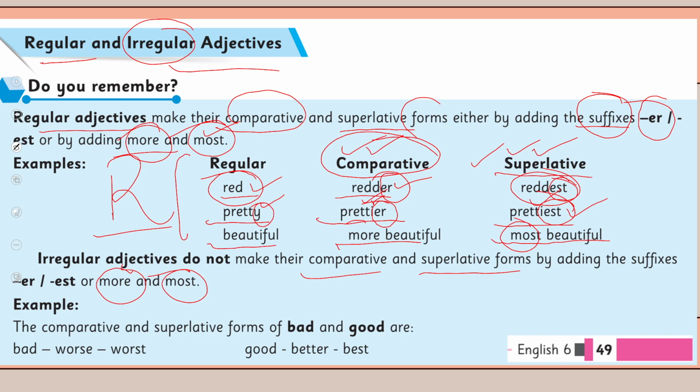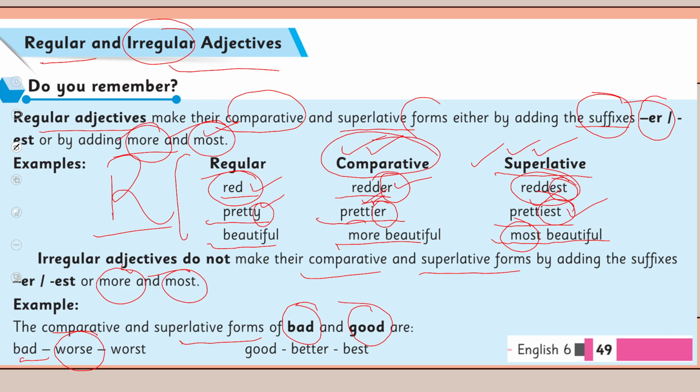For example, the comparative and superlative forms of the words bad and good. If you are comparing two things, that they are bad, you will use the word worse, not better.